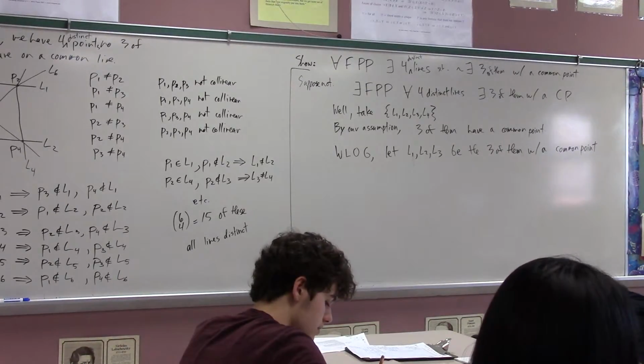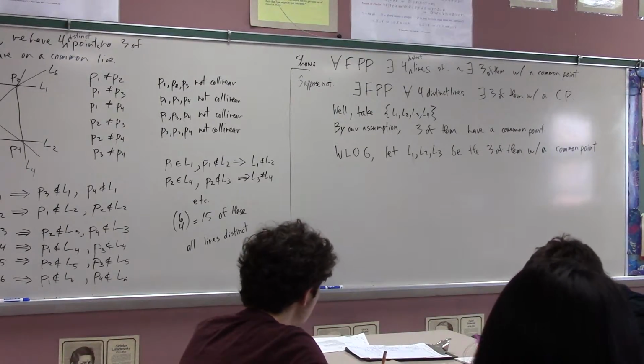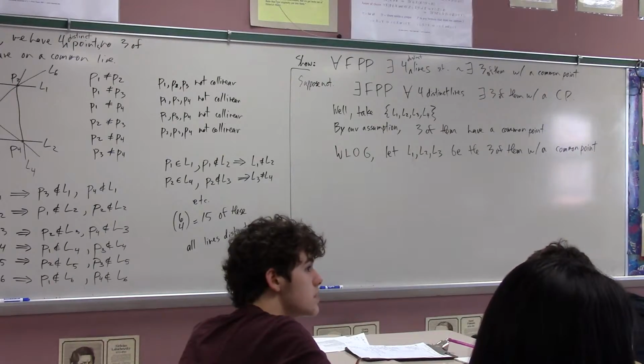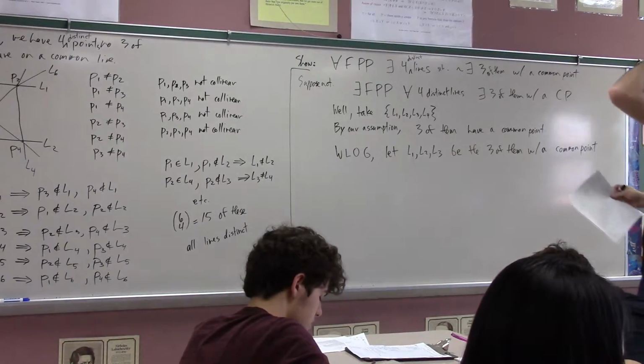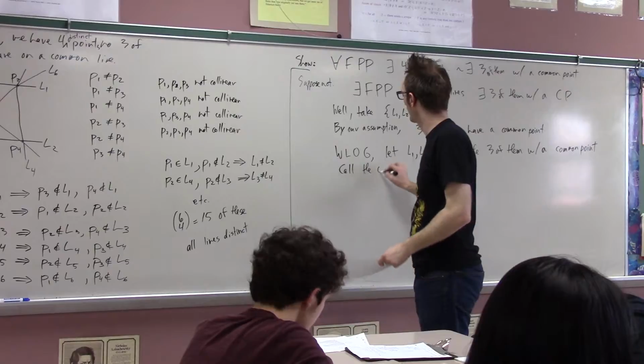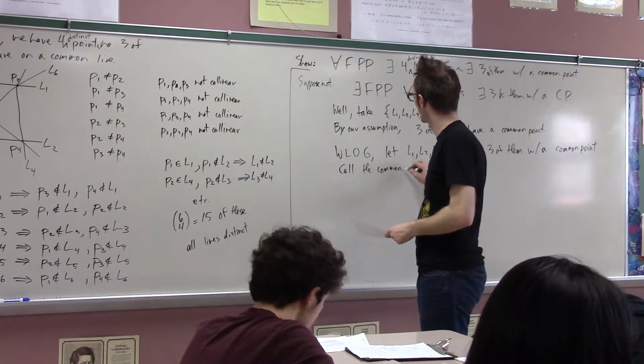Okay. Is everyone okay with that? Right. 3 of them must have a common point. It doesn't matter which 3. So let's just call it L1, L2, and L3 that have the common point. Okay, and let's call the common point P.